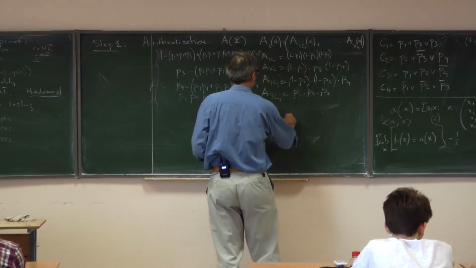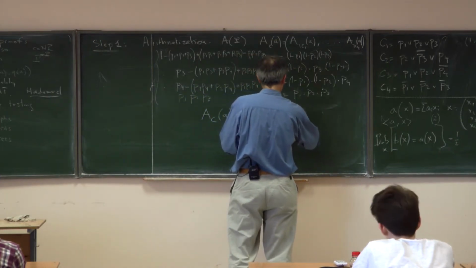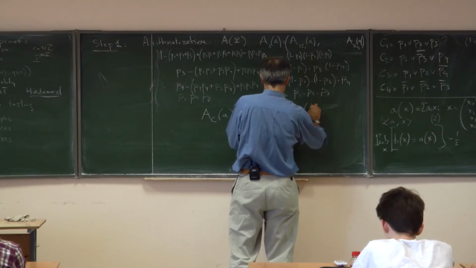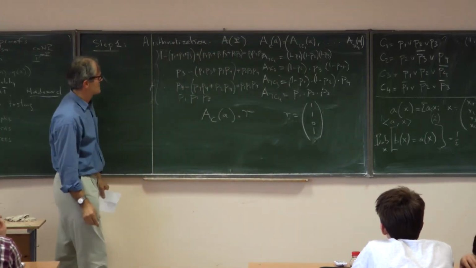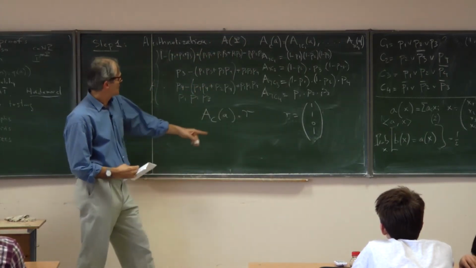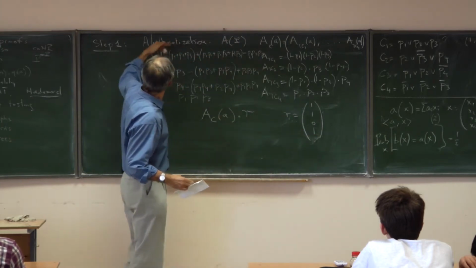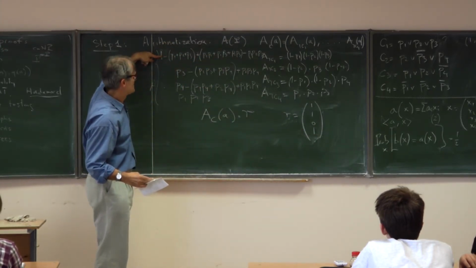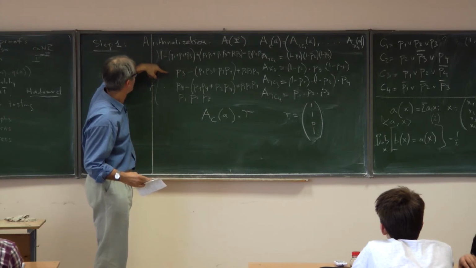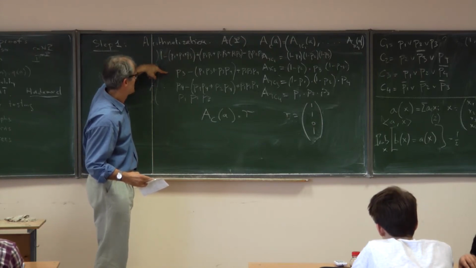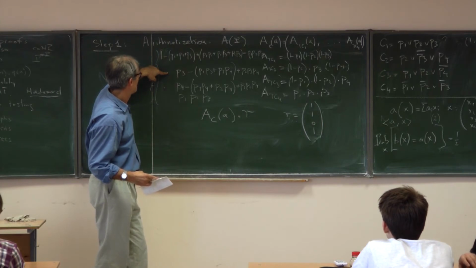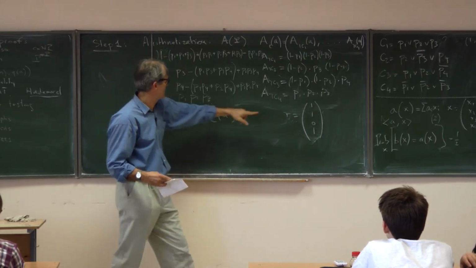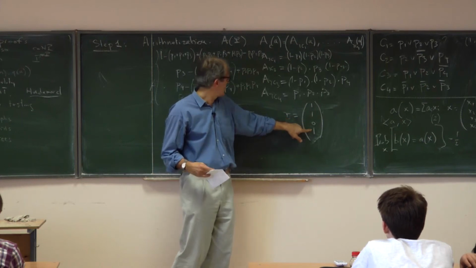So for example, let's suppose R is 1, 1, 0, 1. So if R is 1, 1, 0, 1, it means that I will take the first polynomial, I'll take the second polynomial, and I don't take the third because I get zeros, and then I take the fourth.